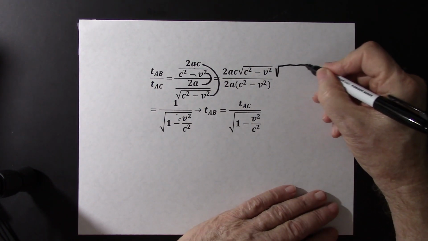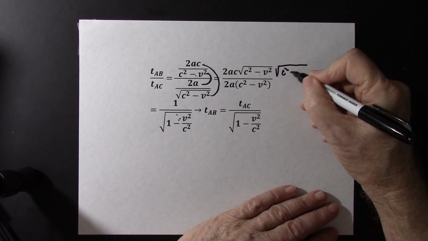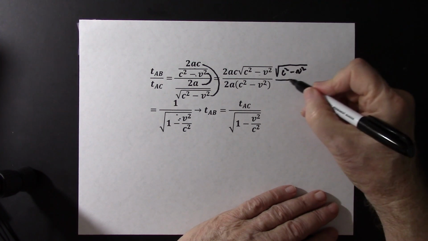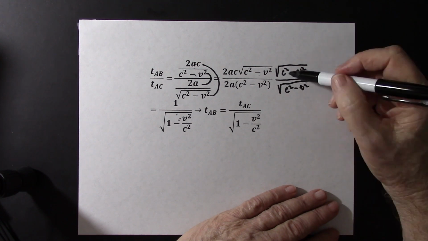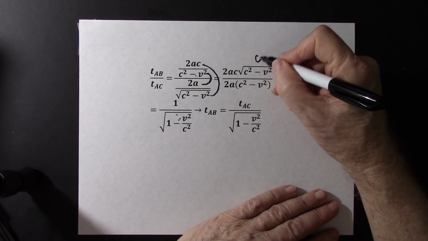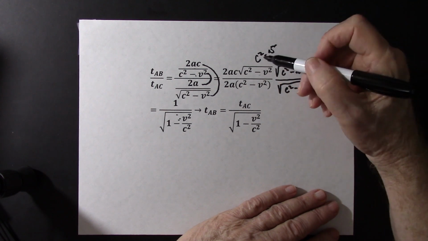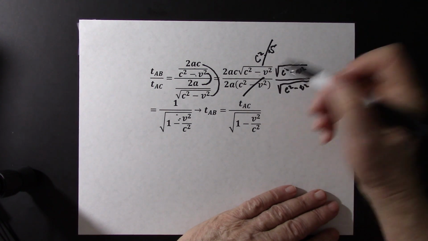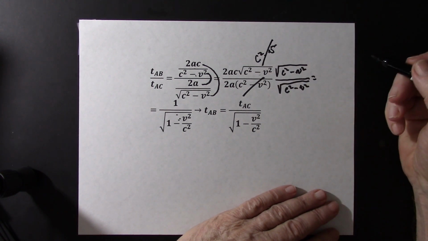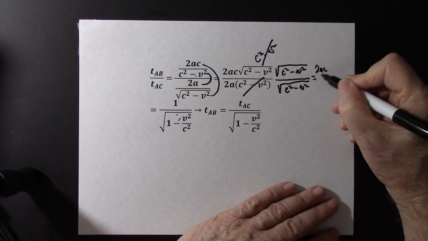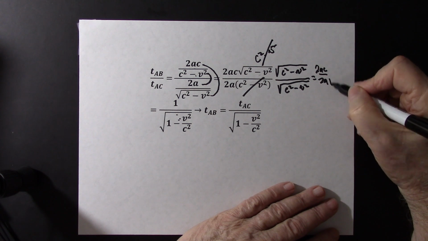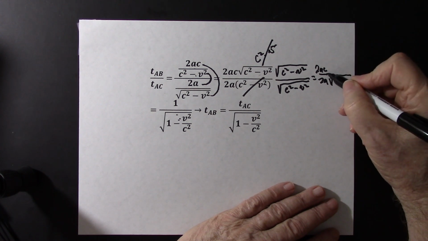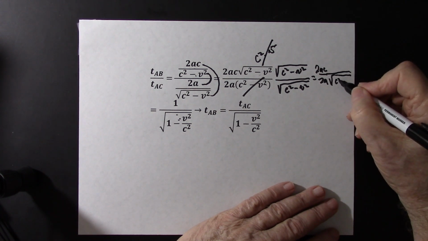Suppose that we multiply both top and bottom here by the square root of c squared minus v squared over the square root of c squared minus v squared. This times this is just c squared minus v squared. We will notice something here, this cancels with that. Ultimately, we are left with 2ac over 2a multiplied on the bottom by the square root of c squared minus v squared.